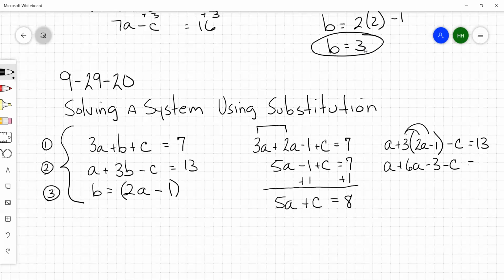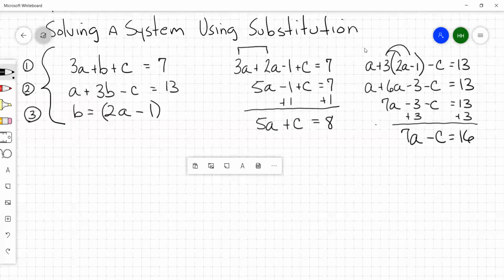Minus the c equals the 13. We got a plus 6a, which is 7a minus 3 minus c equals 13. And add 3 to each side. So we get 7a minus c equals 16.